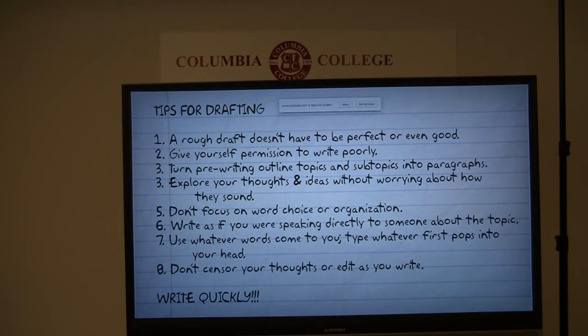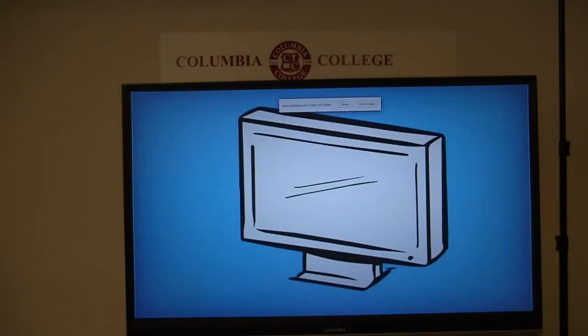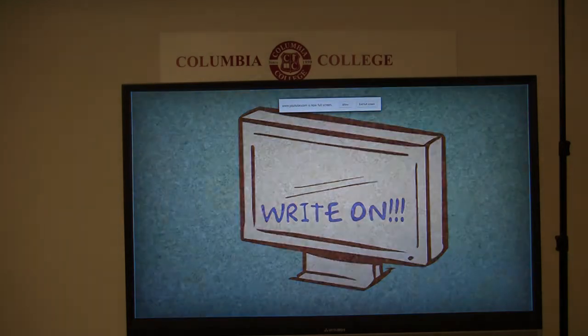You may think that you are saving time, but in reality, you run the risk of losing your train of thought when you go back and forth. Don't stop the flow of ideas when you draft. Write down your ideas as though you were talking to someone about your topic. You will have plenty of time later on to go back for revising and editing. These separate stages come later in the process, and they're the place where you can polish your work.